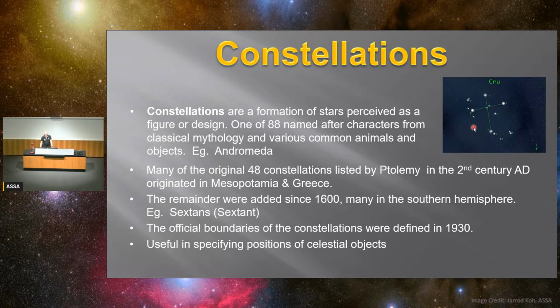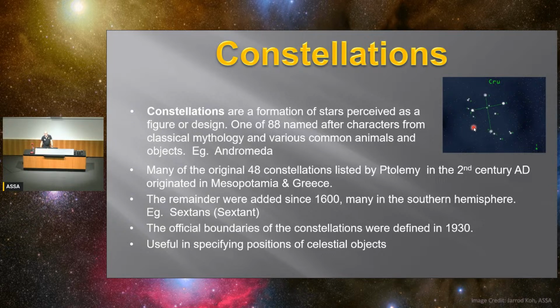Many of the original 48 constellations were listed by Ptolemy in the 2nd century AD, and they originated in Mesopotamia and Greece. Because they were in the Northern Hemisphere, they couldn't see a lot of the southern sky, so that's why there were only 48 known back then. The remaining 40 of the 88 constellations were added since the 1600s.